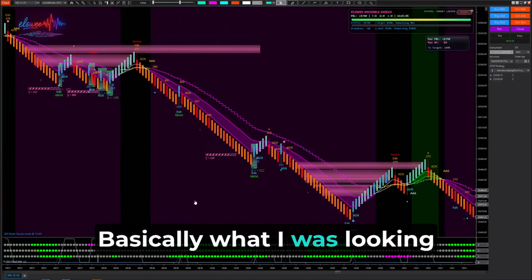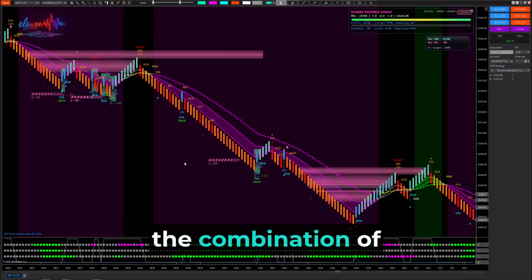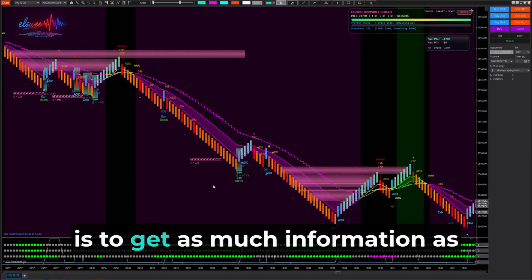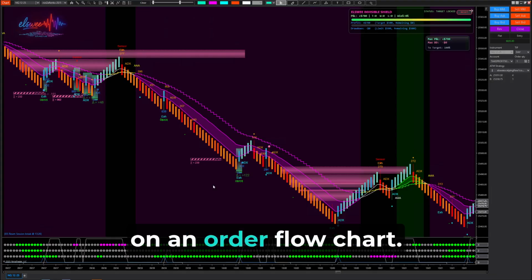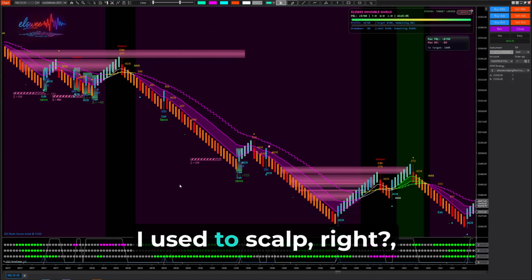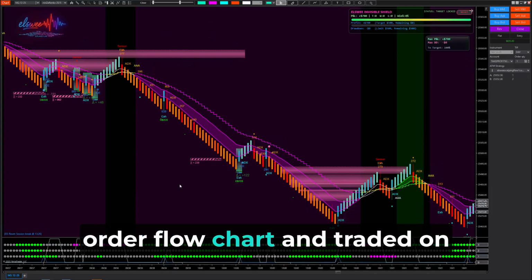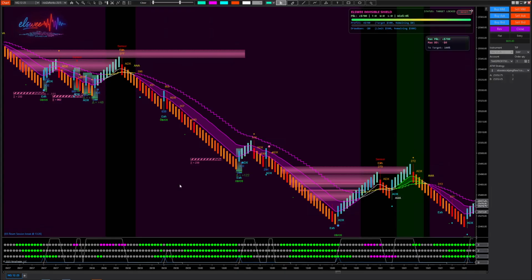Basically, what I was looking for when I created the combination of these indicators is to get as much information as possible that I can find on an order flow chart. I used to scalp and make trades by looking at an order flow chart and trade it on a 1 minute time frame chart.